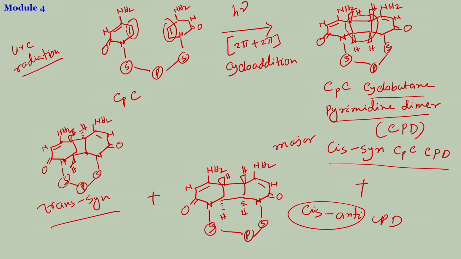So, this is syn and this both have to be syn. This is same. So, this is also syn, this is syn, this is trans, this is trans. So, this is trans syn CPD lesion of cytosine, cytosine. Now, let us pick up this one and move forward, the major one.